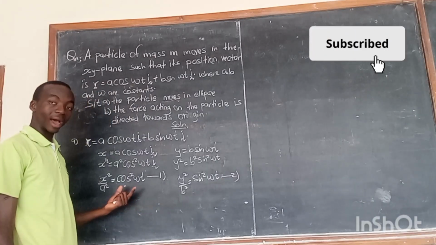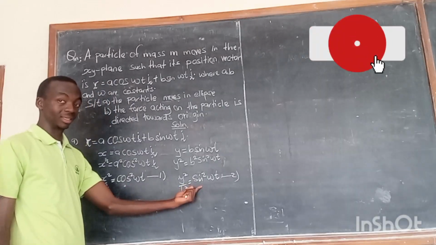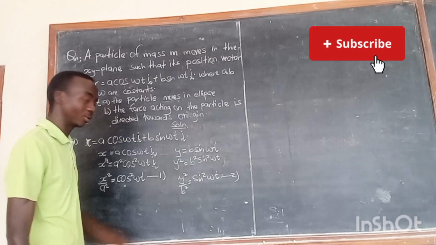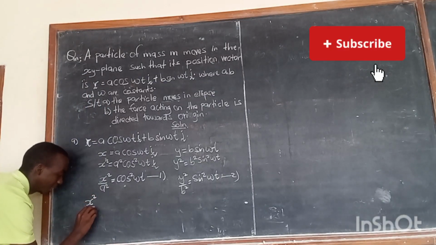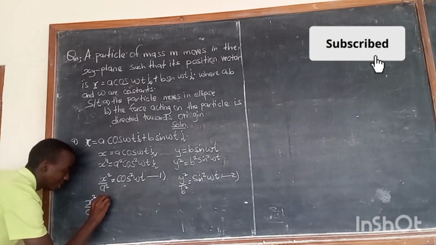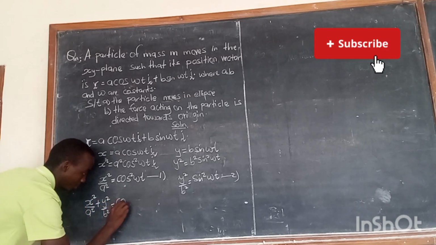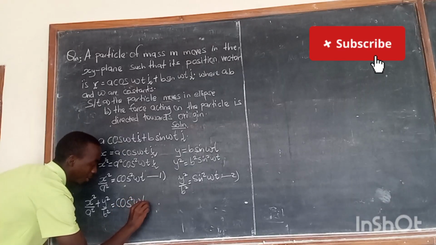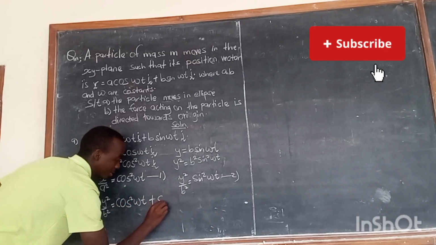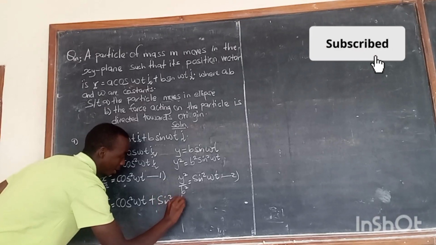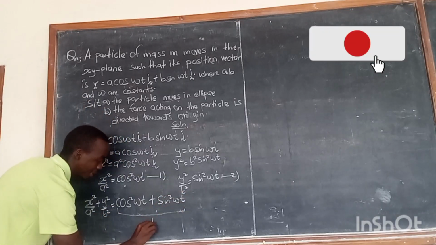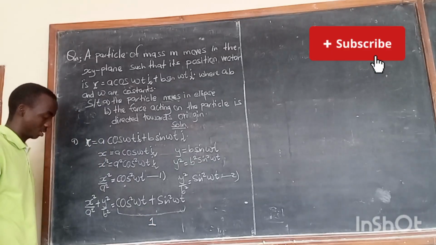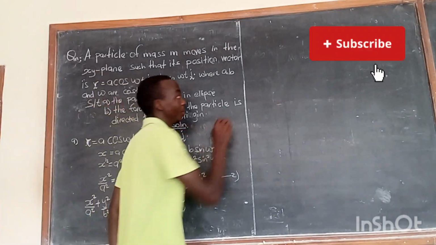So now we can add these so that we can eliminate the sine and the cos. So our x squared over a squared plus y squared over b squared is equal to cos squared omega t plus sin squared omega t. But when we add up this, it gives us what? It gives us 1.